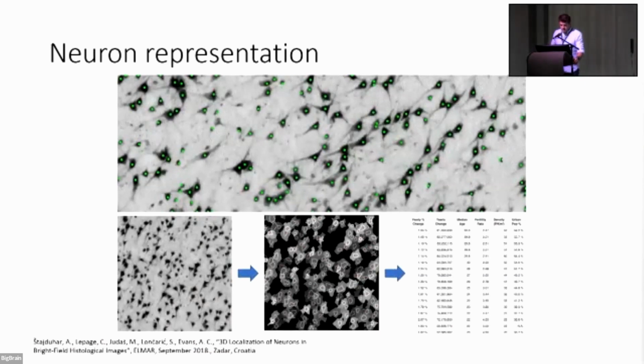The first thing is that we focused our research not on a pixel-based but a neuron-based view on histology. It all starts with the neuron. So the first thing was to pinpoint the location of each neuron, then segment them out and create a vector representation of neurons.